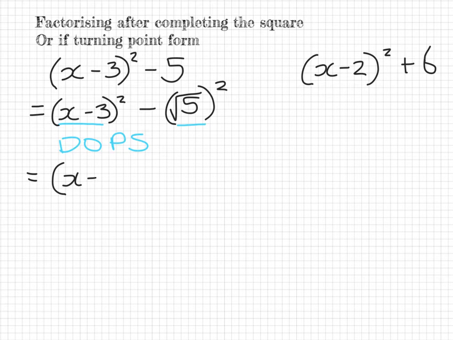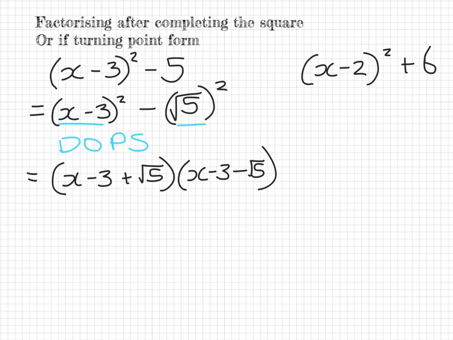So our a plus our b and our a take the b. And to solve this, if this was to equal 0, we would then use the null factor law, which is that the first part will equal 0.